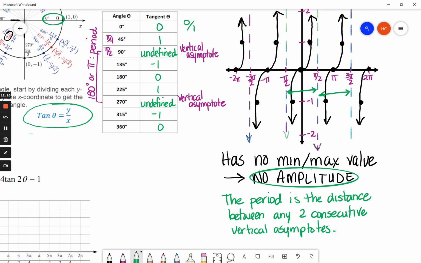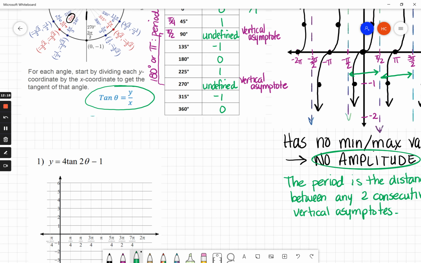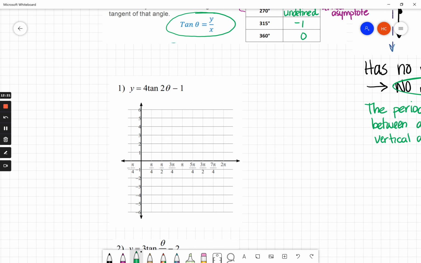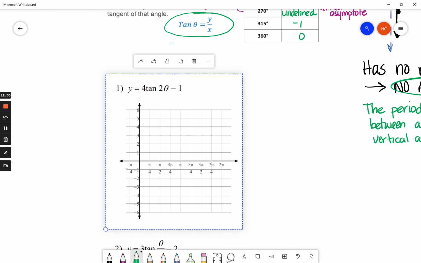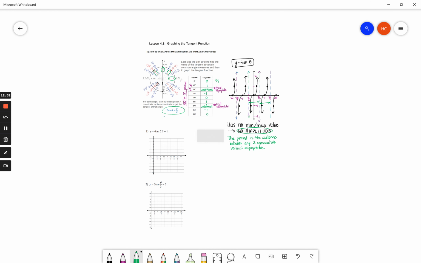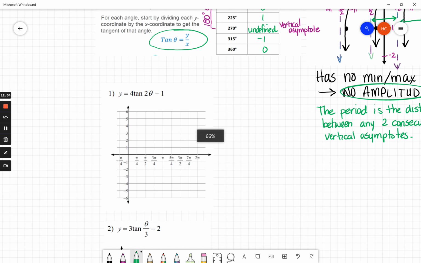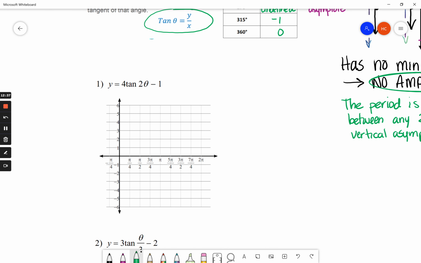So let us move on to two practice problems. Here is our first one: y equals 4 tangent 2 theta minus 1. And if you prefer writing it using x instead, y equals 4 tangent 2x minus 1, feel free to write it that way as well.